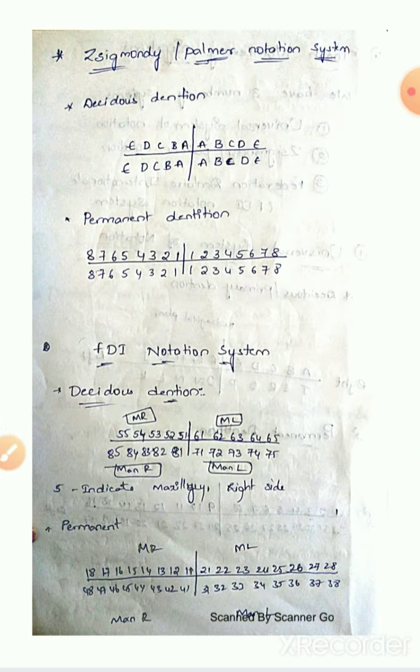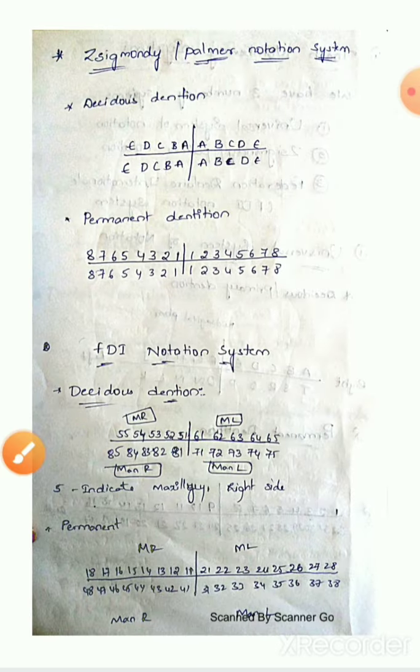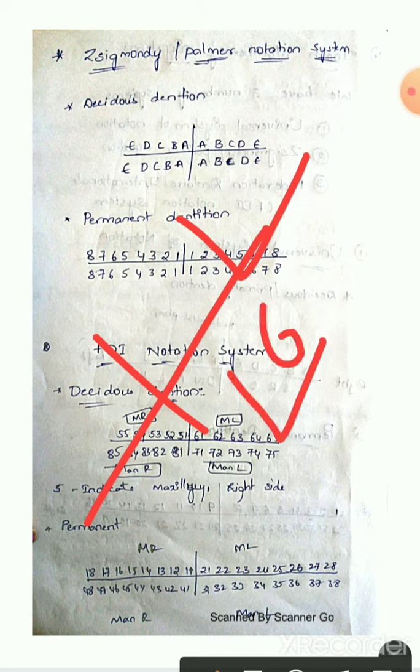And in the Zsigmondy and Palmer notation, each quadrant represents a side, and each quadrant has the same numbers, teeth having the same names, but we can differentiate by using symbols like quadrant brackets.